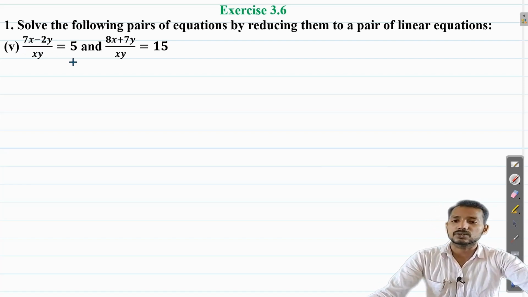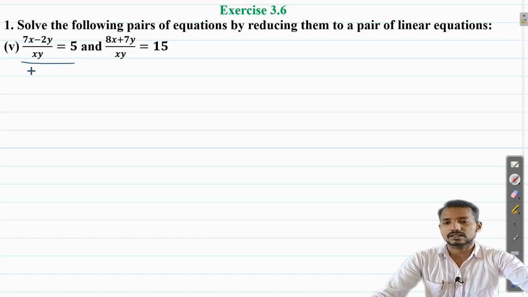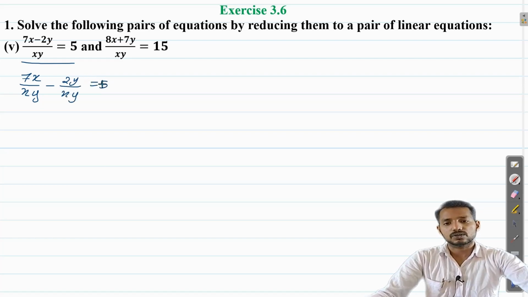For that, I'm taking the first equation, 7x, separating the terms: 7x divided by xy minus 2y divided by xy is equal to 5. Now you can cancel x here.